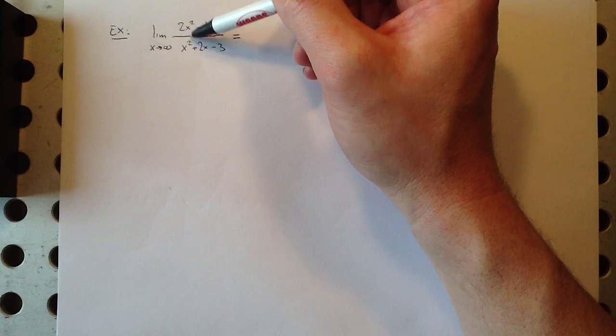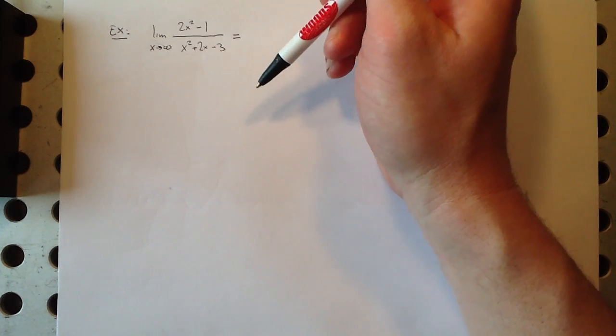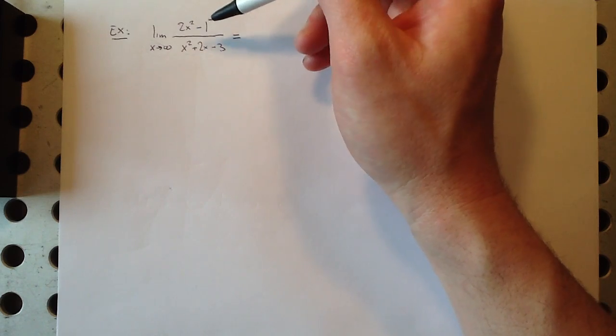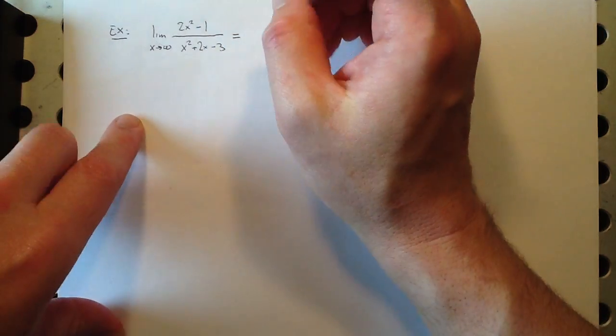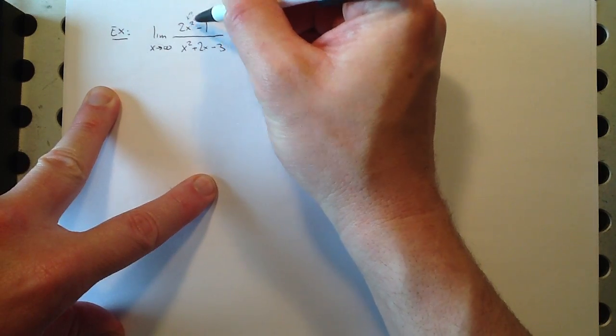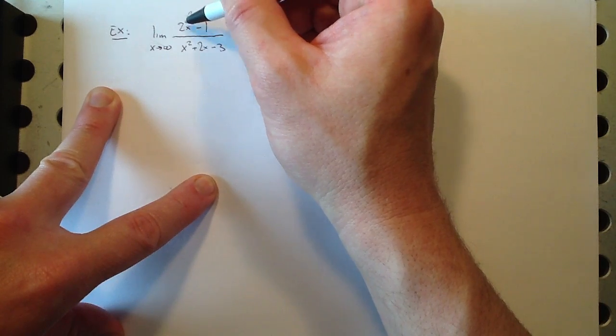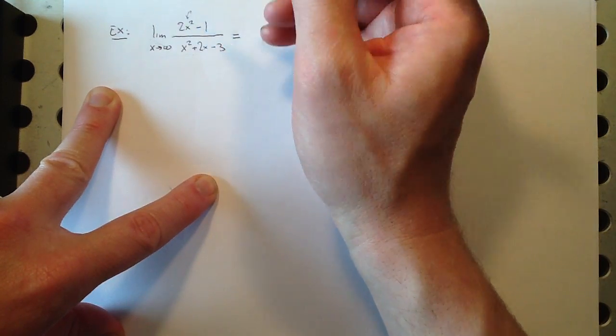Imagine plugging a very large number into these expressions. Like, say, how about 1,000? That's not that large, but big-ish. Well, 1,000 squared is 1,000,000, and so this would be 2,000,000 minus 1.